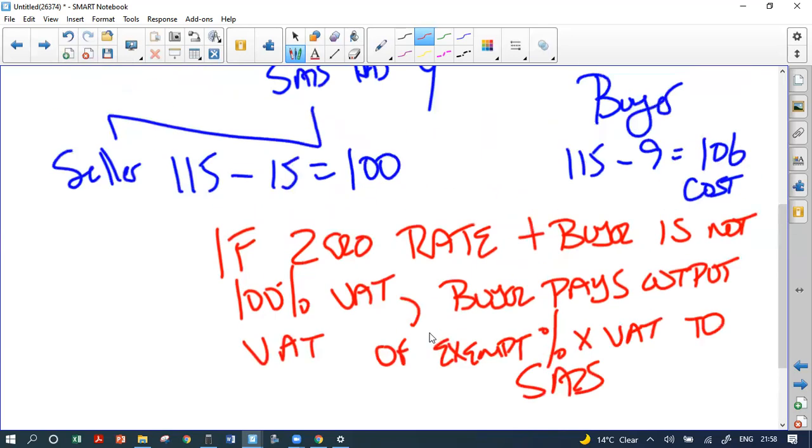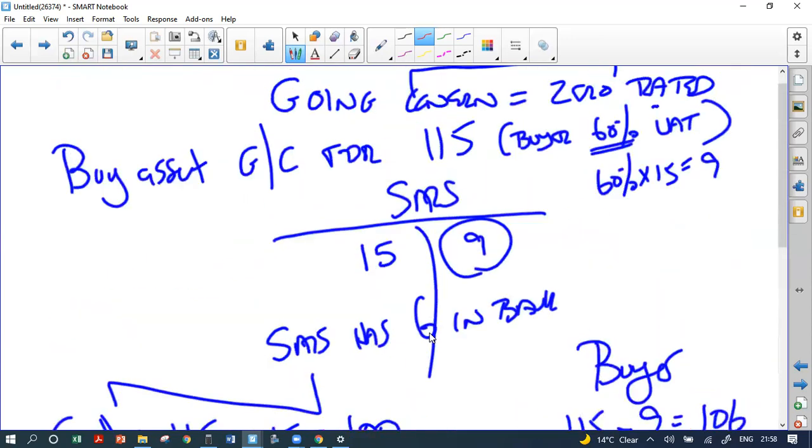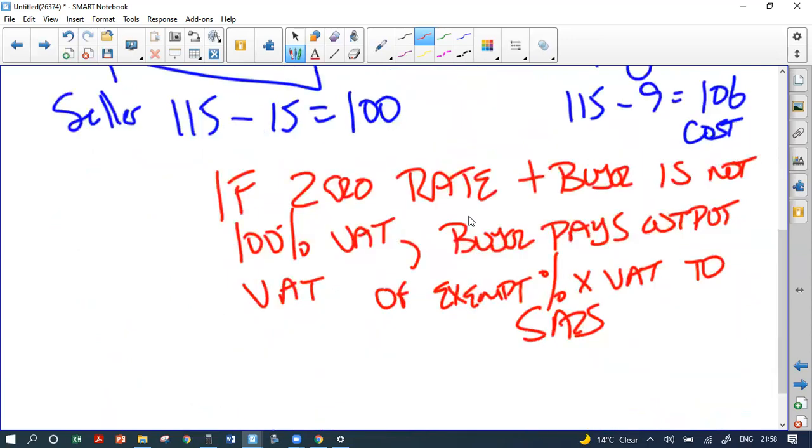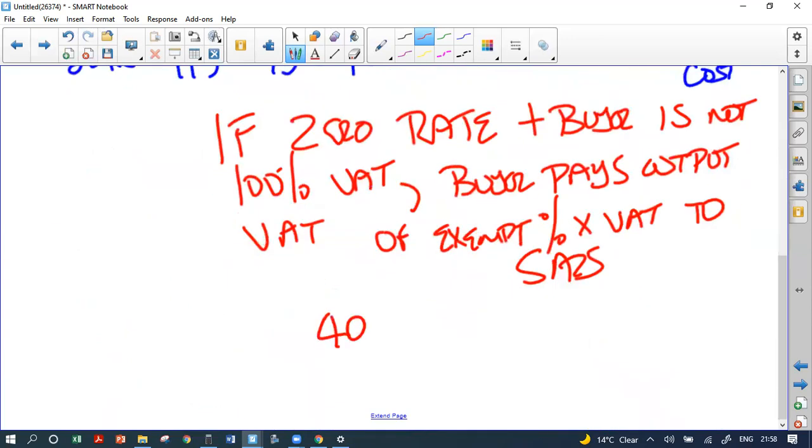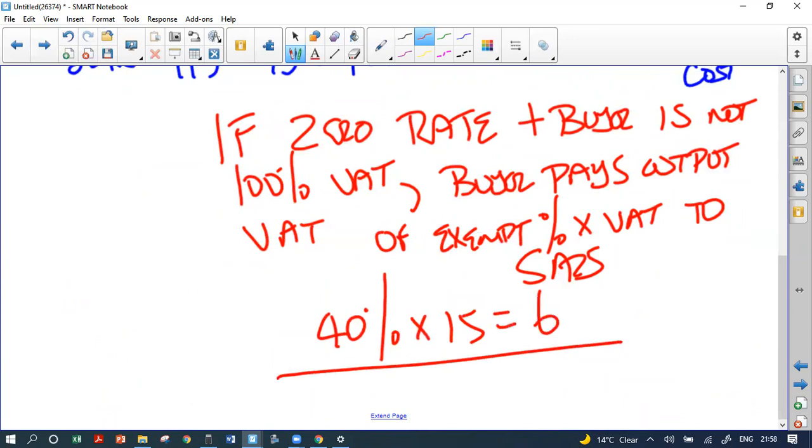So let me just explain. So what's the exempt percentage in this question? He's 60% VATable, so what's the exempt percentage? 40% times 15 Rand is 6 Rand.